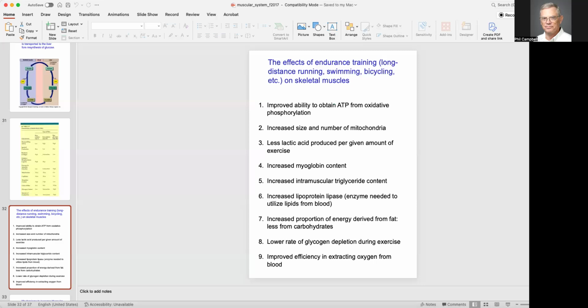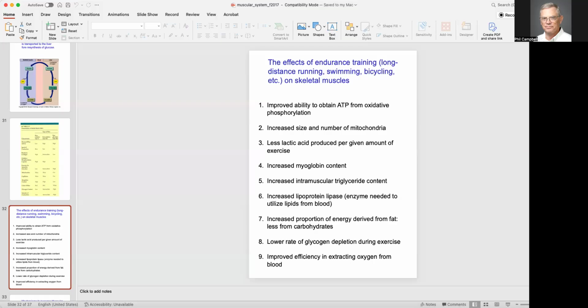What's going to happen is that this involves those existing muscle cells, their mitochondria getting bigger and more numerous. Okay. So this is going to be toward maintaining oxidative phosphorylation.